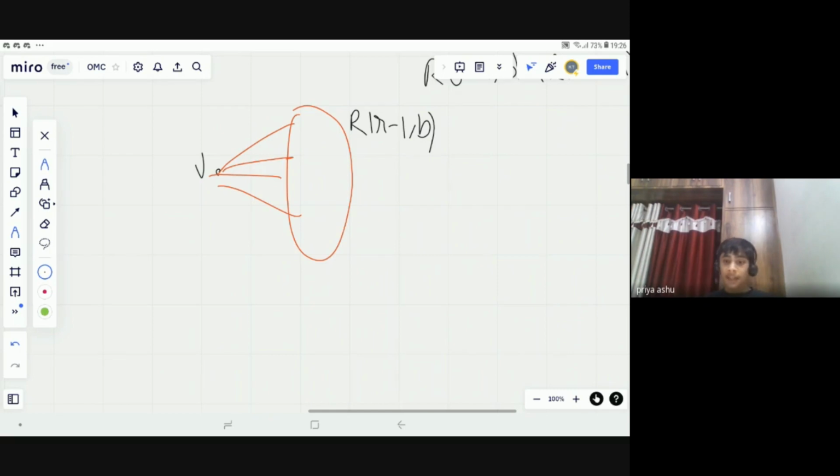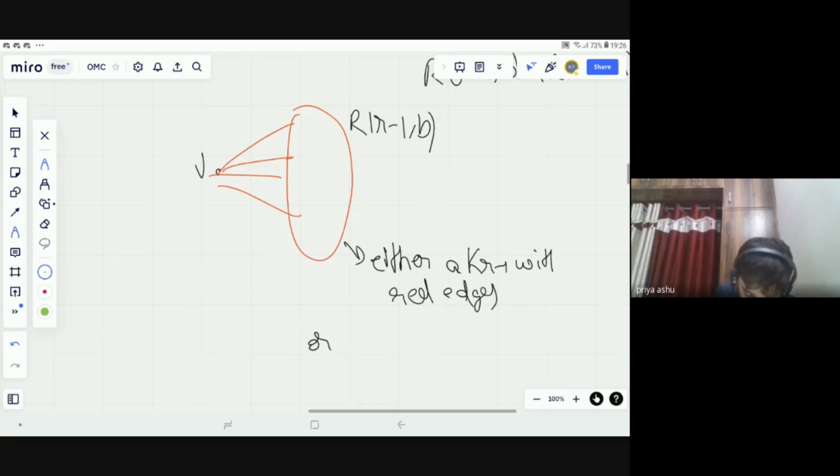Then just because we assume that R(R-1,B) exists, this red set of vertices to which V is connected by red edges has either a K_{R-1} with red edges, or a K_B with blue edges.